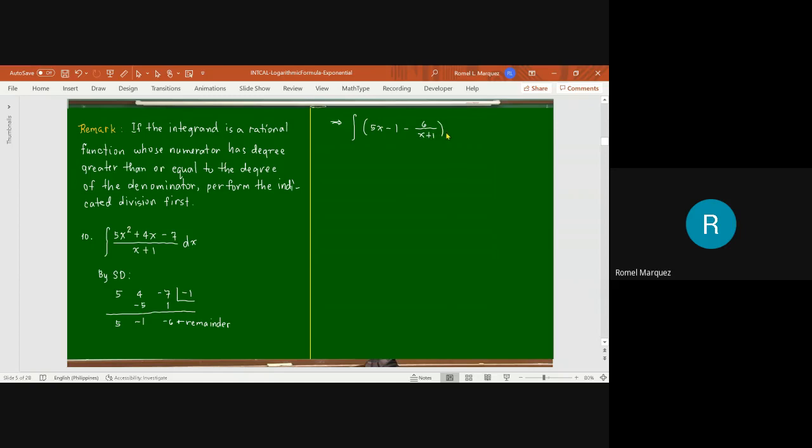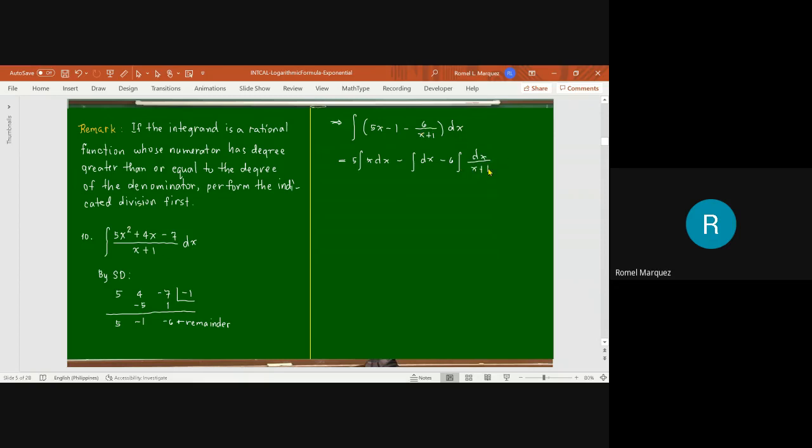Then from here, we can now perform integration term by term. Integral of the first term. Yan. I can put the 5 out, then x dx minus integral of the second term plus integral of the third term, which is -6 integral of dx over x plus 1. Nilabas ko na yung -6.